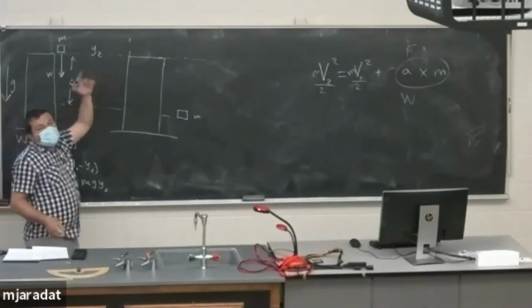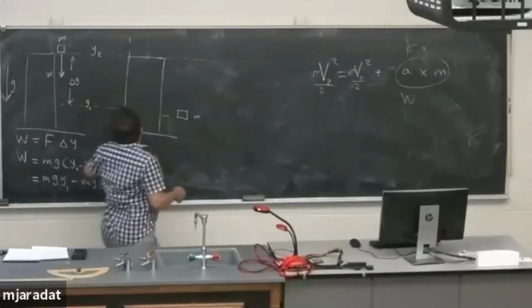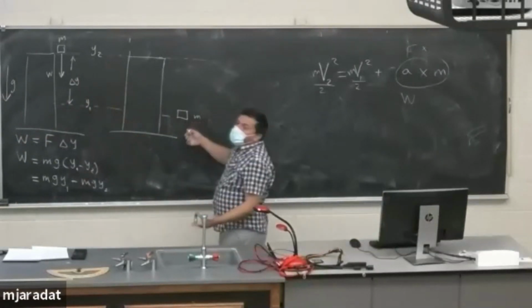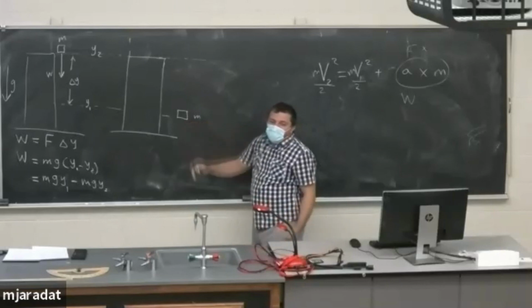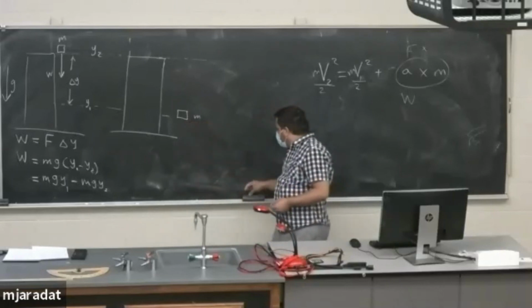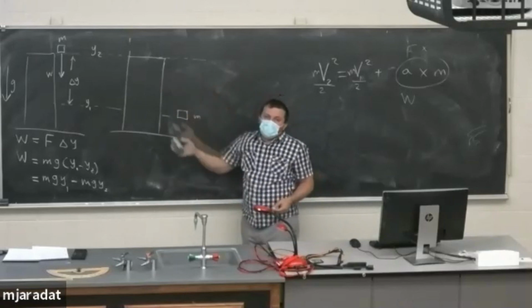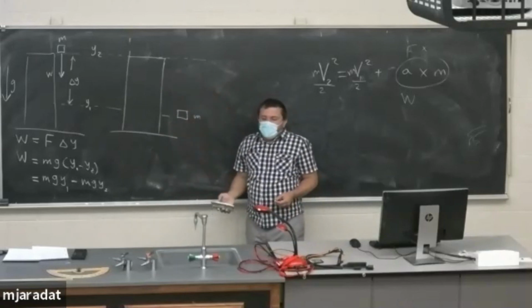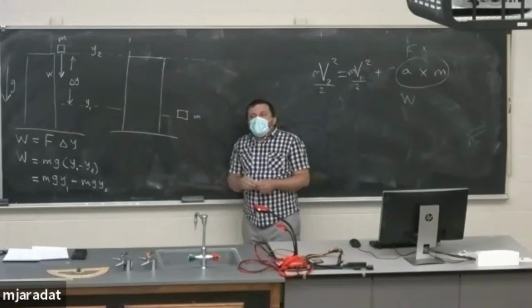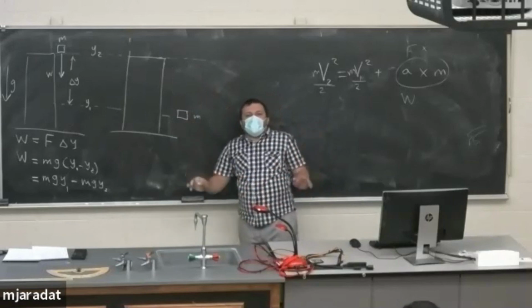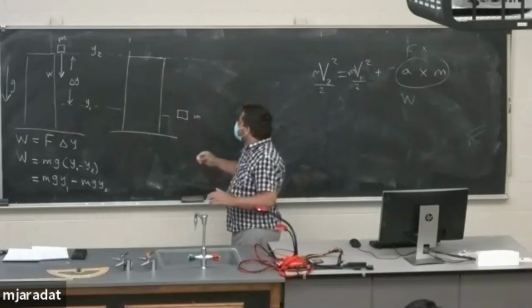What about the second experiment? We have y2, y1. Initially, we are at y1. What if we need to lift this object from y1 to y2? We don't need to have any acceleration.